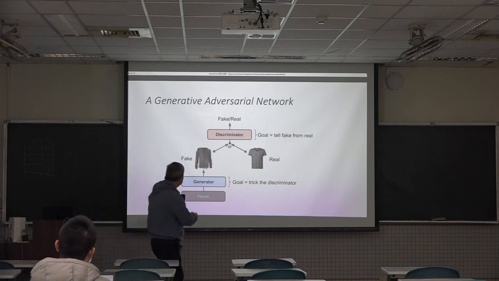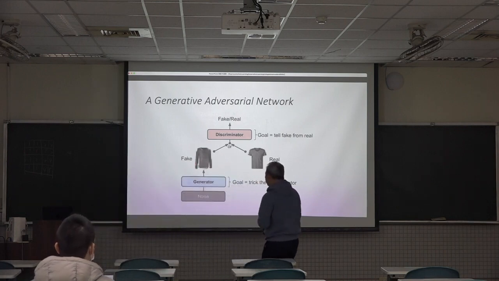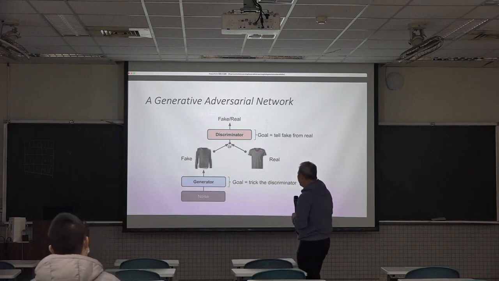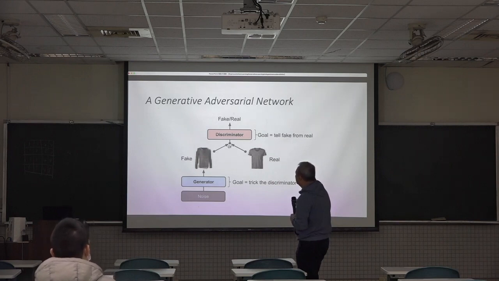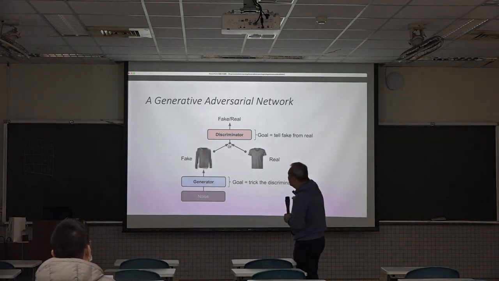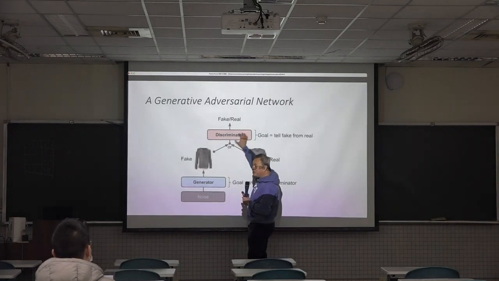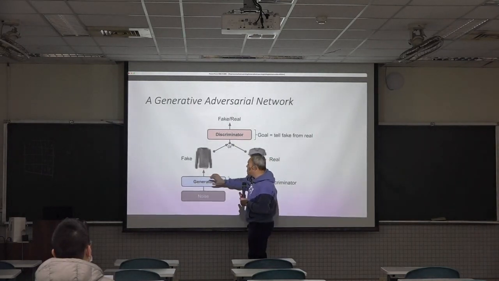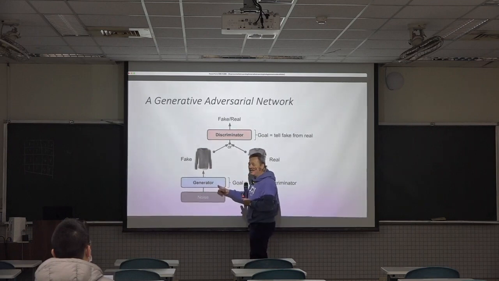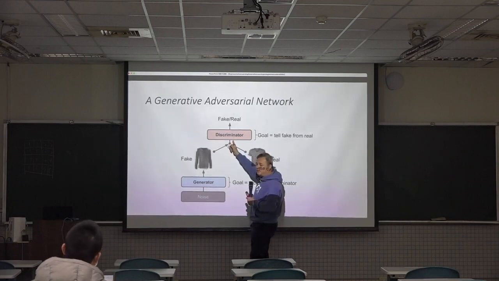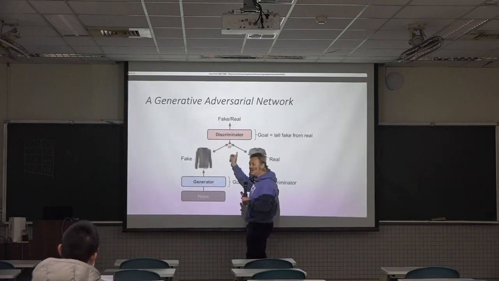To the discriminator, you randomly give either a fake item generated by the generator or a real item from the data set, and the discriminator has to identify whether it's fake or real. Each of them is considered a complete model, and you train them to fight each other. The generator is like a bad guy trying to create fake stuff. The discriminator is like a police officer trying to tell the fake from the real.